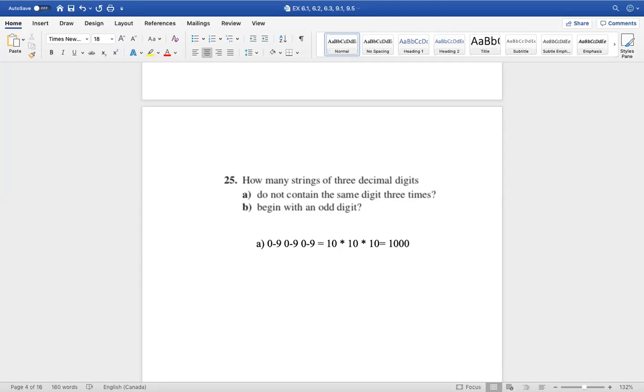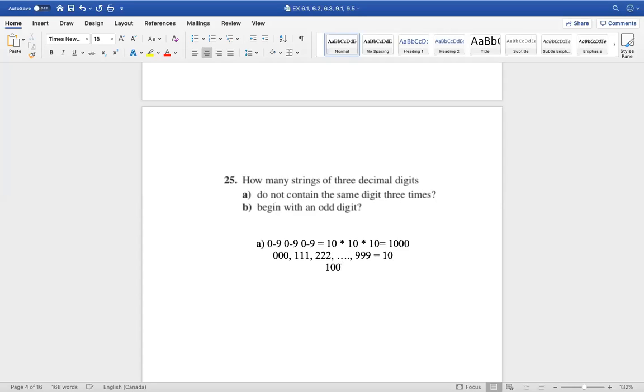Now, we have to make sure that it does not contain the same digit three times. For example, 000 is one such possibility. Likewise, we have 111, 222, and so on up till 999. So basically, we have 10 such possibilities which we want to avoid.